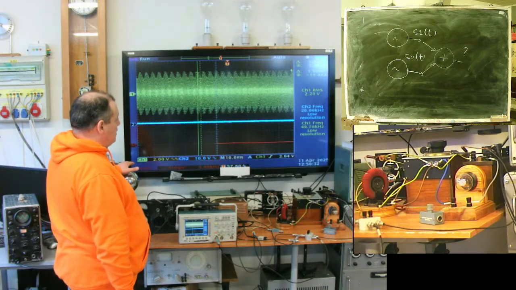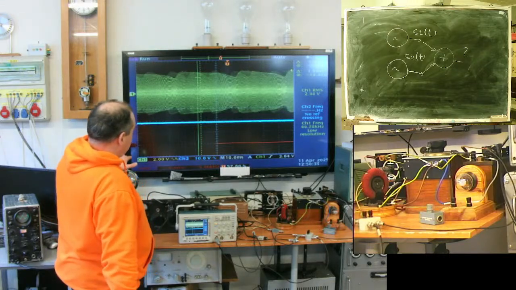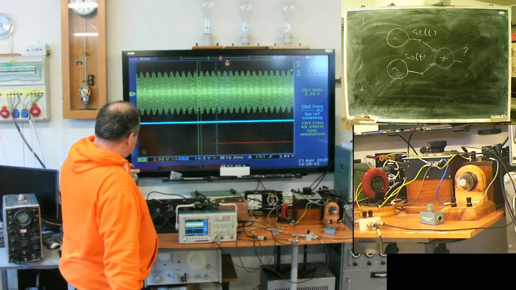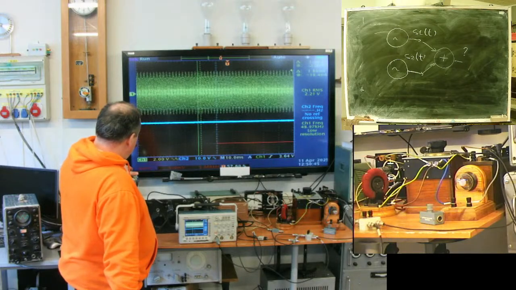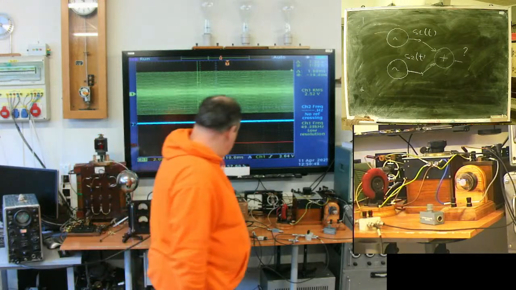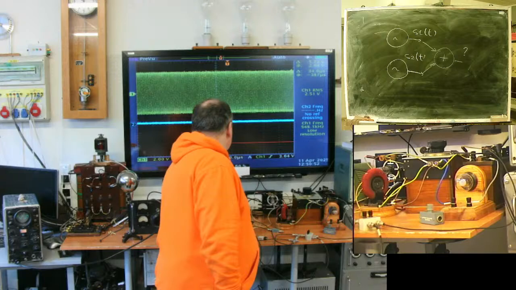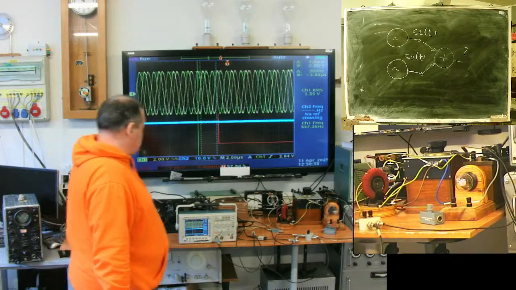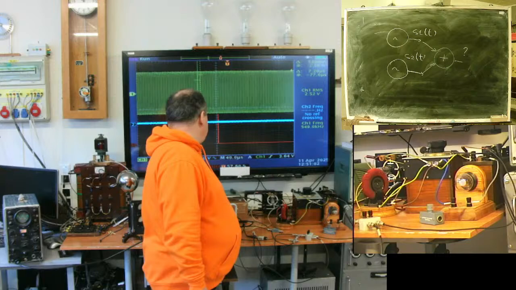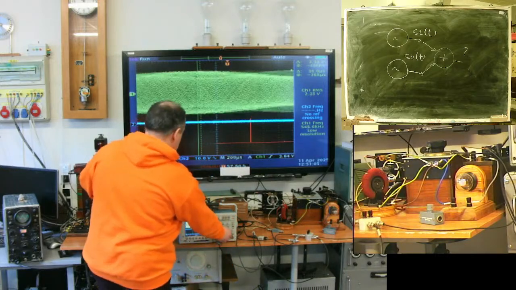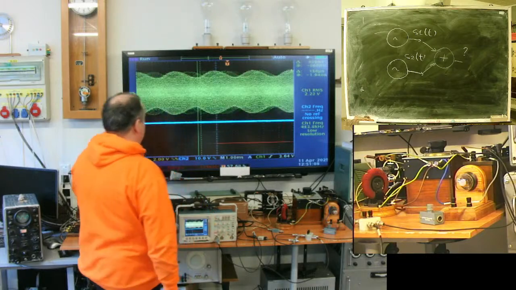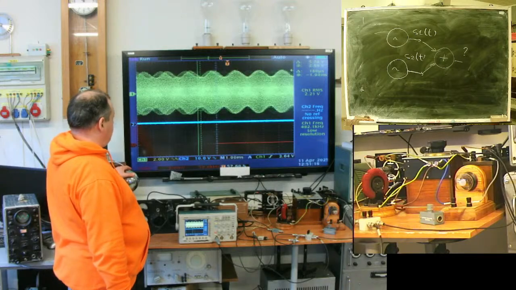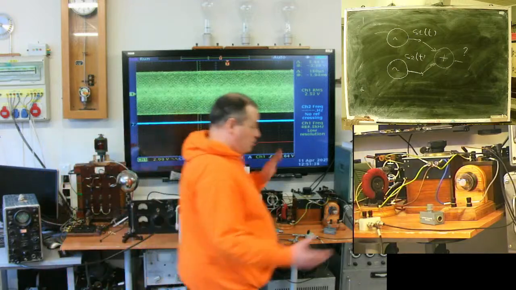The yellow line is a sum of two signals. I can show it in this scale, but watch it in this compressed.